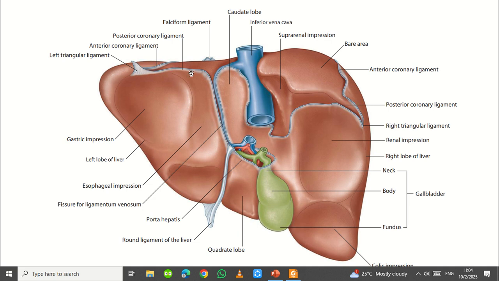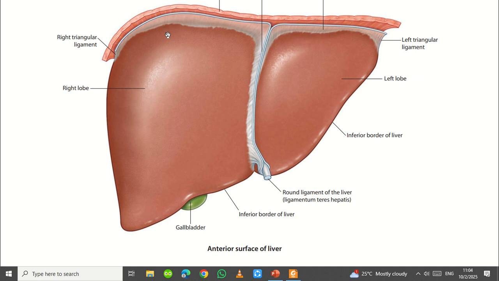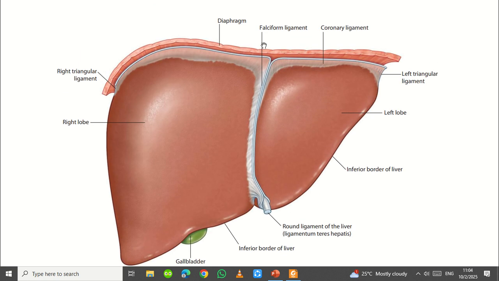This right here is your left lobe. Take note, anteriorly, the right lobe and the left lobe are divided by this remnant of your visceral mesentery, which is called the falciform ligament. The falciform ligament actually divides your right and left liver lobe.